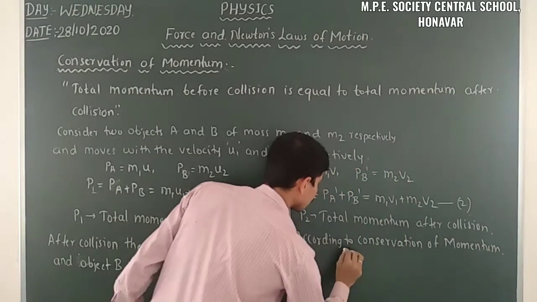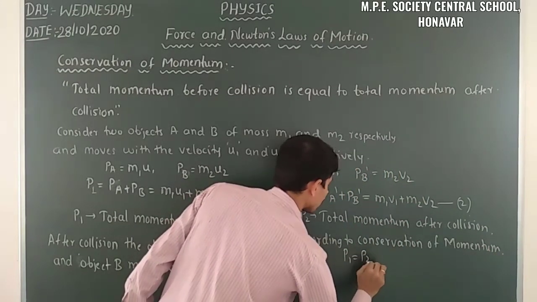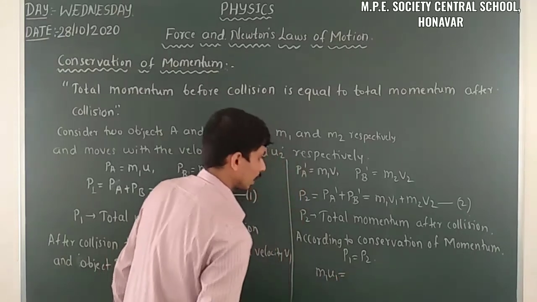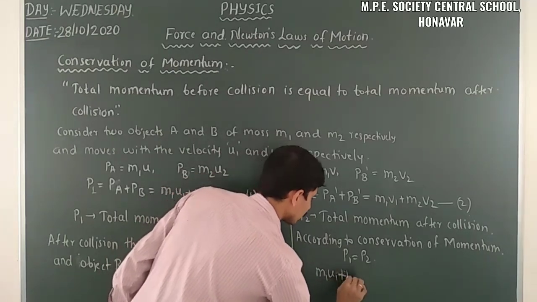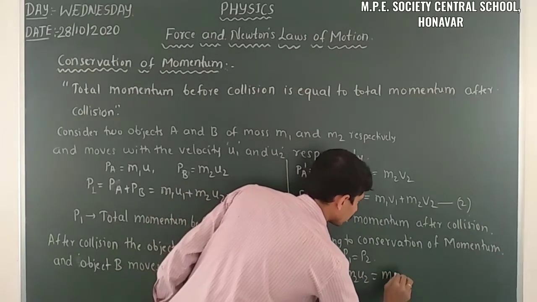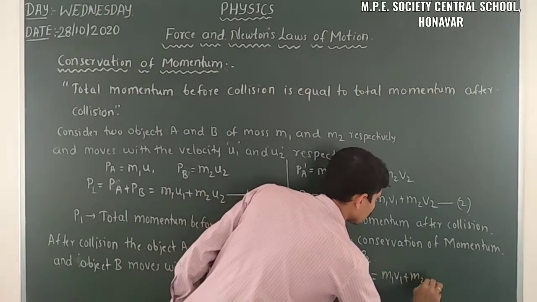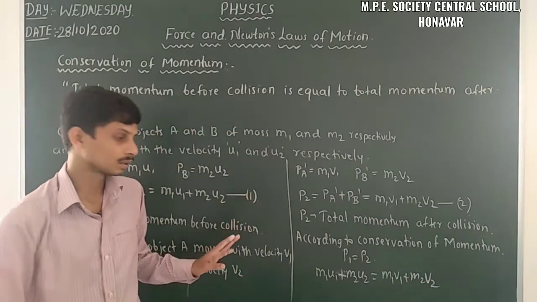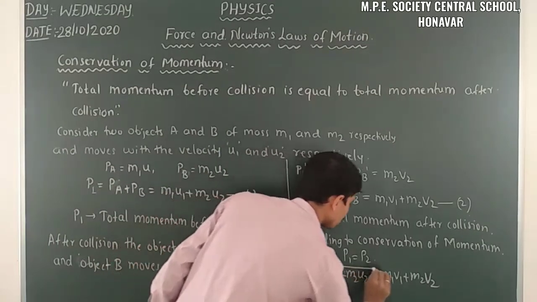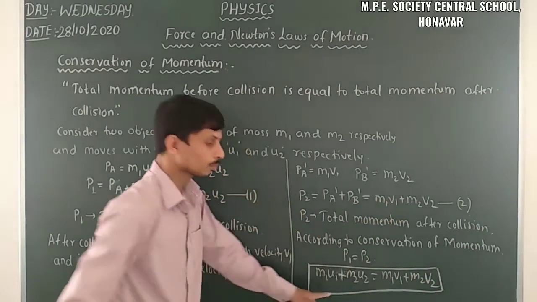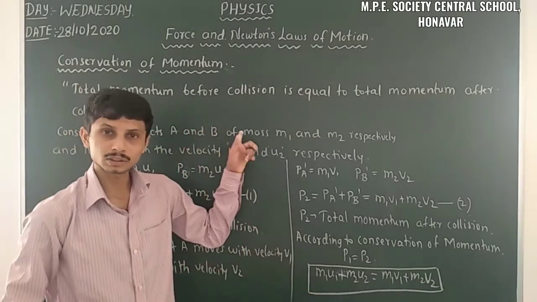You can take P1 is equal to P2, that is m1 u1 plus m2 u2 is equal to m1 v1 plus m2 v2. Yes. So here we have the formula representing the conservation of momentum.